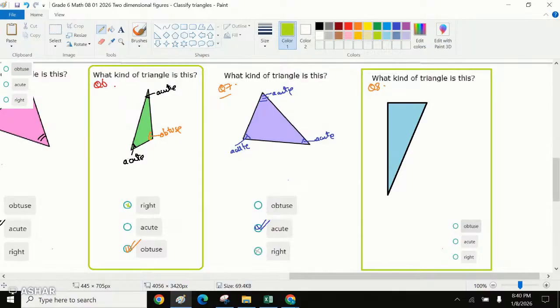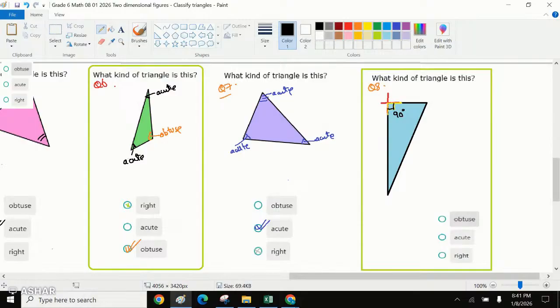If we make a plus sign over here, do we see the line falling exactly on this side and this side? That means this angle is 90, right? And whenever we have a 90-degree angle in any given triangle, it cannot be obtuse, it cannot be acute, it has to be, what should be the answer?